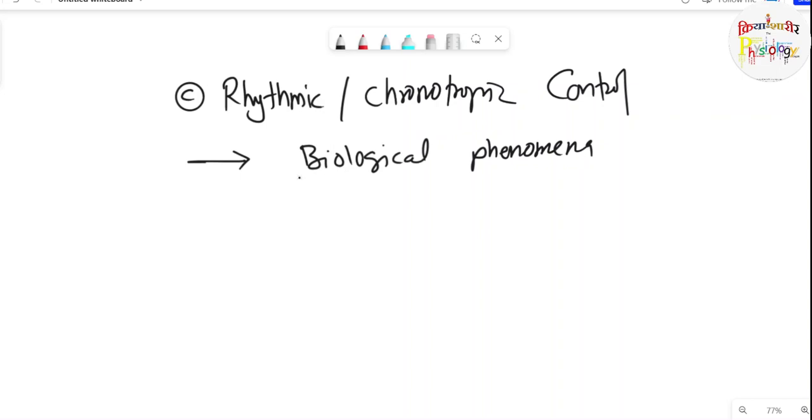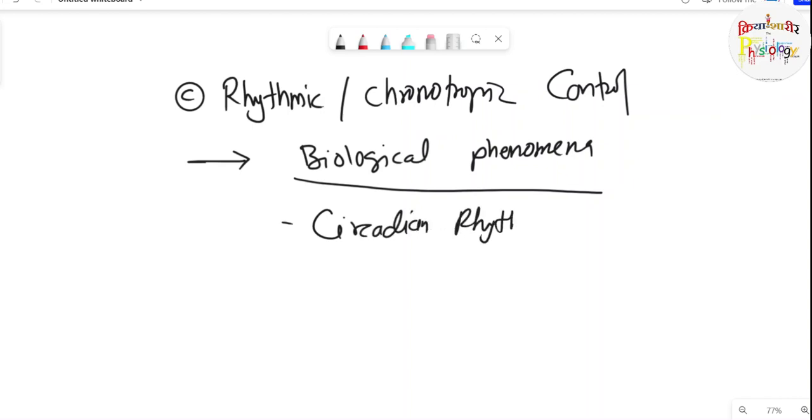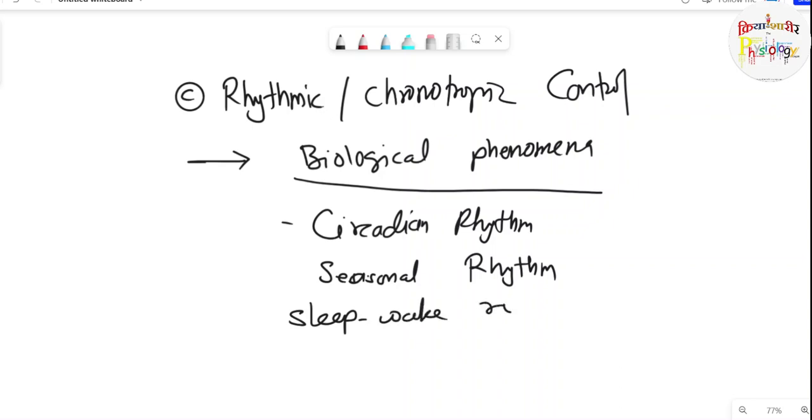So these biological phenomena could be either circadian rhythm, or seasonal rhythm, or sleep-awake rhythm, or periodic rhythm or the menstrual rhythm, or menstrual cycle.